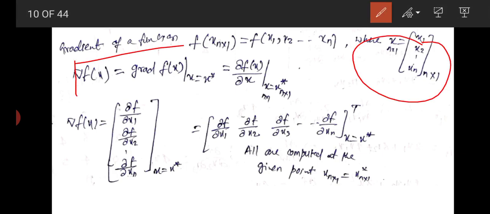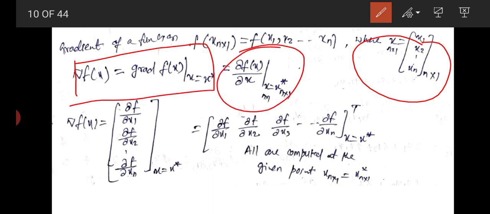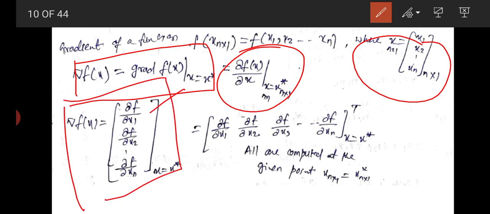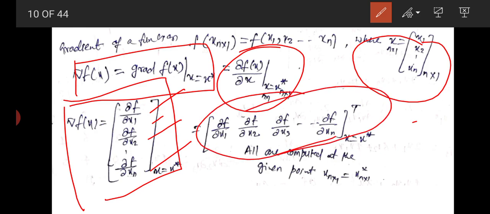The gradient of this function f(x) is defined as del f by del x, where we differentiate the function f partially with respect to x1, x2, x3 and so on. So del f is del f by del x1, del f by del x2 and so on up to del f by del xn, or we can write this in transpose form also.